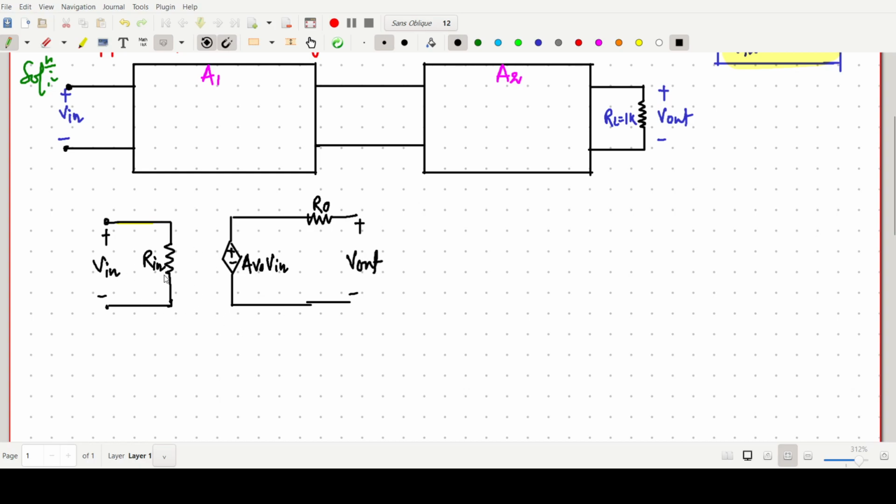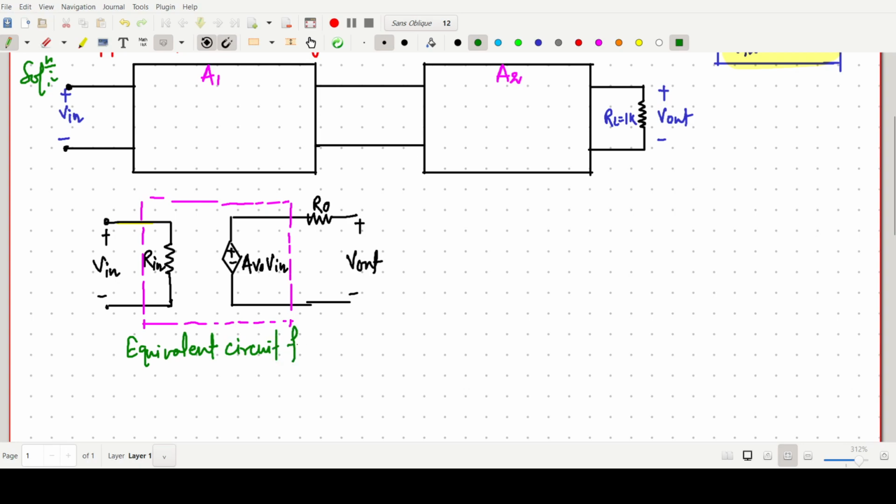This is the equivalent circuit of a voltage amplifier. It is a very simple one, and if you know this concept, then the question will be very easy.